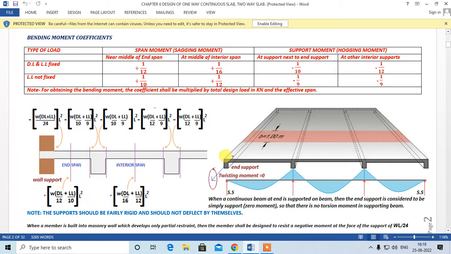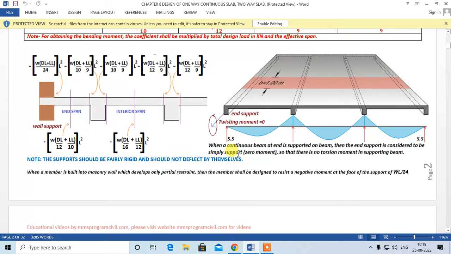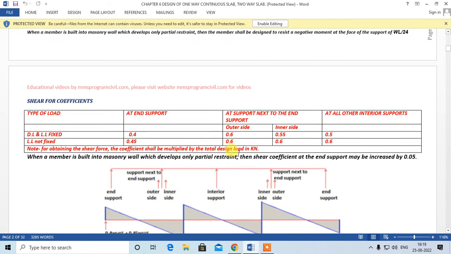This is based on the assumption that whatever supporting beams we provide are very rigid in nature. The supports should be fairly rigid and should not deflect by themselves. This is a very important assumption. When a continuous slab is supported by beams, they have to be very rigid, and only then can this coefficient be applied.